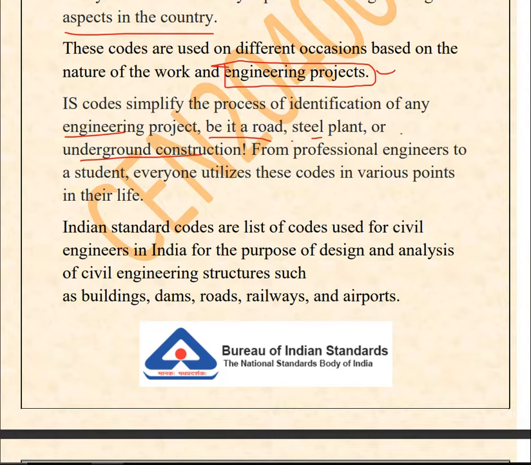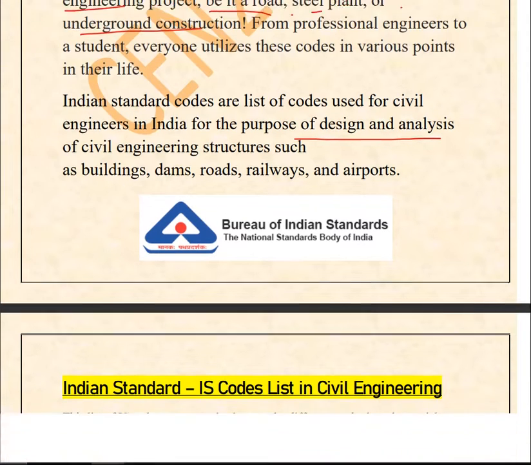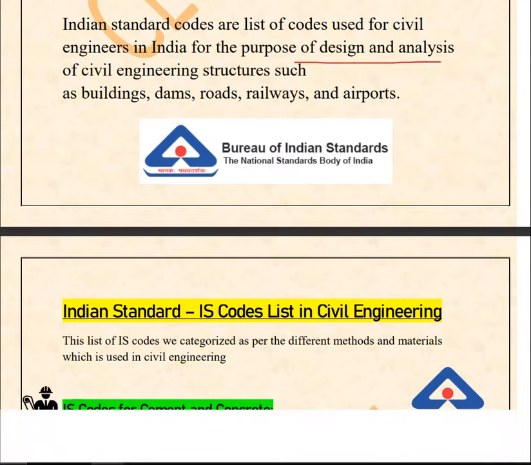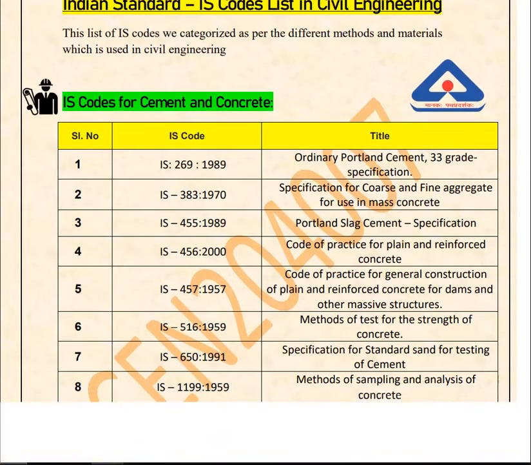Indian Standard Codes are the list of codes used by civil engineers in India for design and analysis, such as roads, dams, bridges, railway structures, airports, and everything else comes under the IS codes.